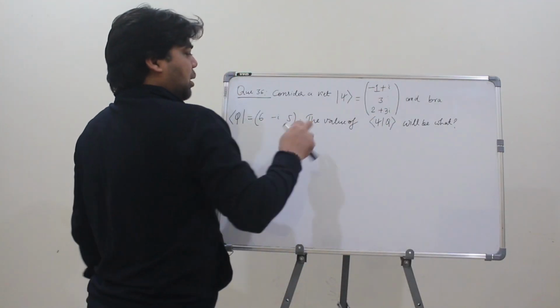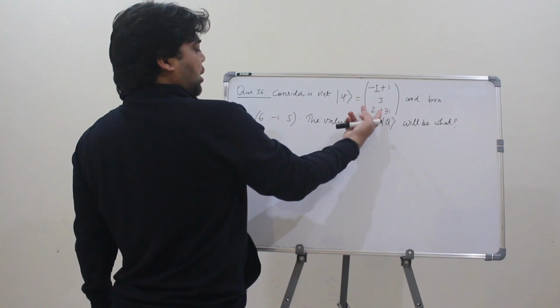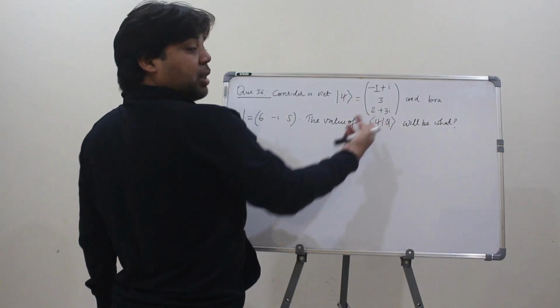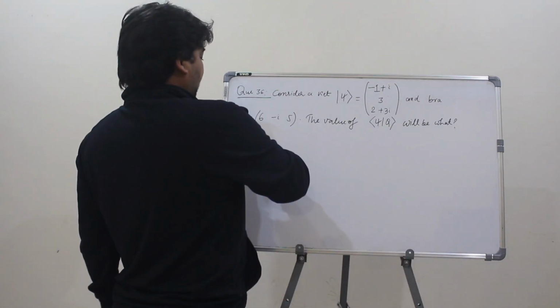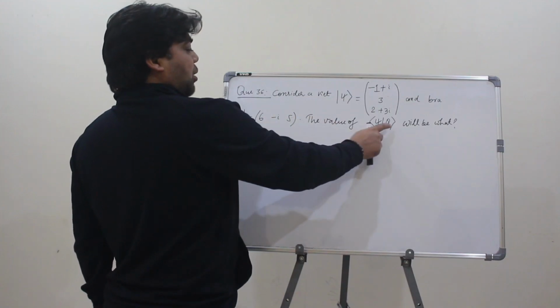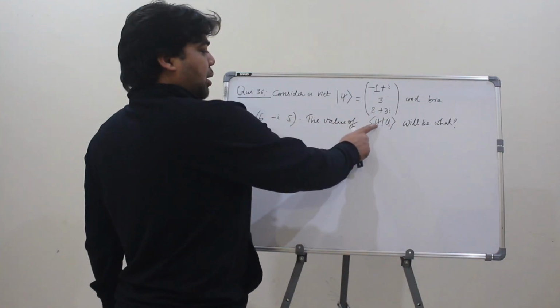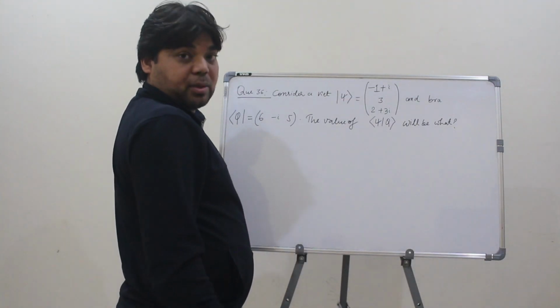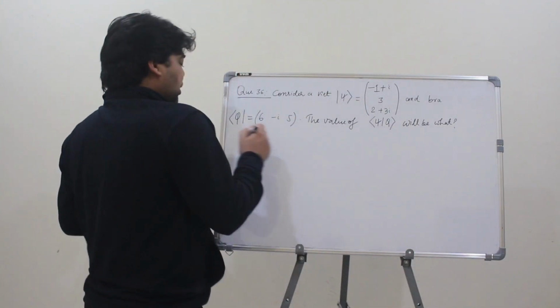So you see, earlier it was saying that this is a ket and this is a bra, but here the positions have been changed. The phi, which is the Hermitian conjugate of this phi, is now acting as a ket, and the psi, which is the Hermitian conjugate of this, is acting as a bra, right? So now let us solve it.